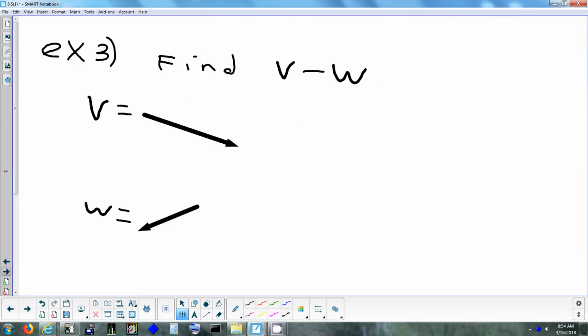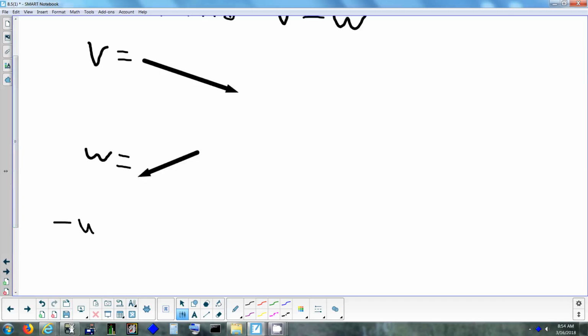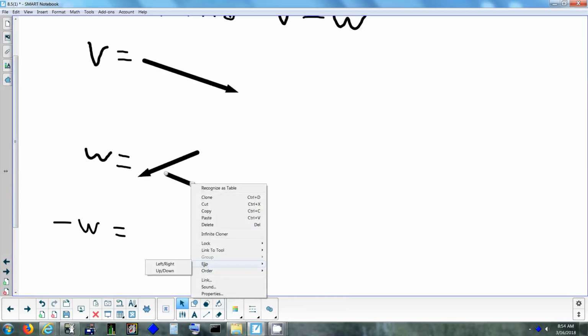Right. So if we're going to do v minus w, the first thing I need to find is minus w. If I had a tool I could just rotate 180, I would do that. I don't. So what I can do is copy it, reflect it horizontally, and reflect it vertically.